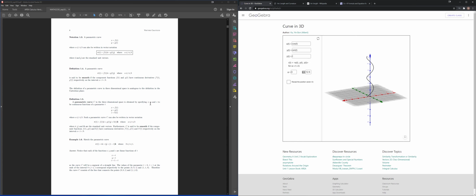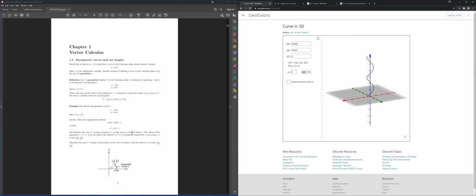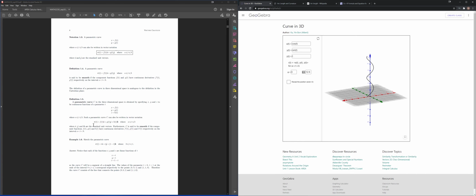For example, in this parametric curve, x of t is cos t, y of t is sine t, and you go between 0 and pi on 4, so a is equal to 0 and b is equal to pi on 4.